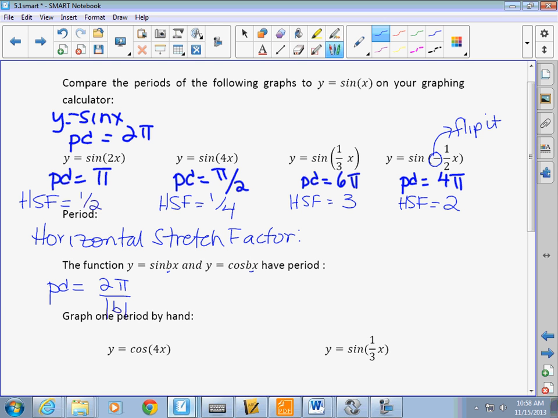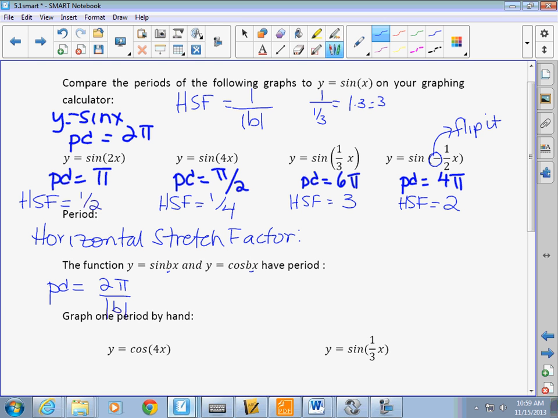It's the absolute value, because in this case it didn't matter that there was a negative, it still had the same horizontal stretch factor. So we write the horizontal stretch factor as 1 over the absolute value of b. Here our b was a 2, so it's 1/2. This one was 1/3, the same thing.